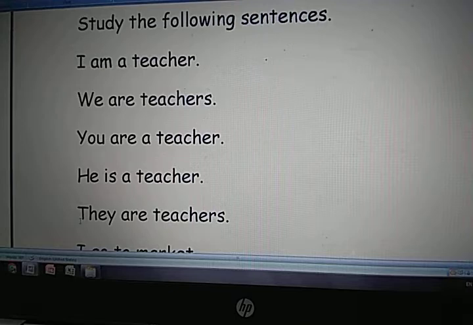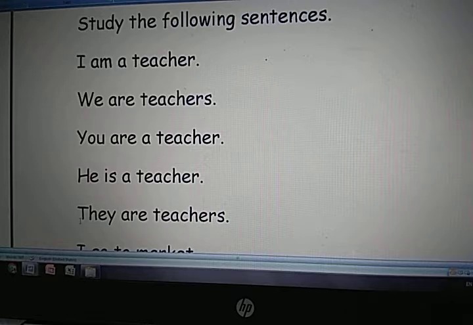What I did, I changed singular to plural. First person singular, I. First person plural, we. I took the plural subject, we. Then what happened? Am is changed to are.